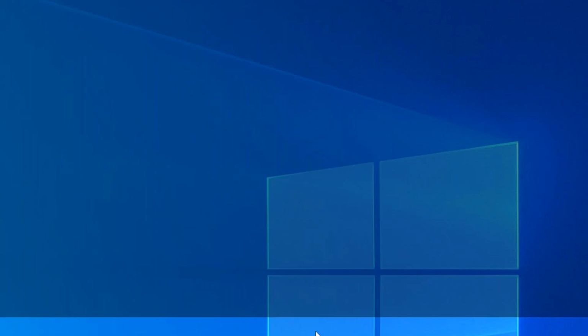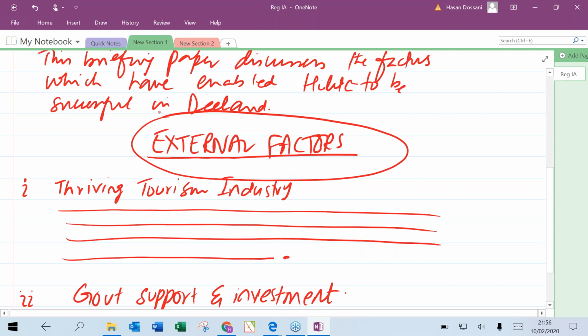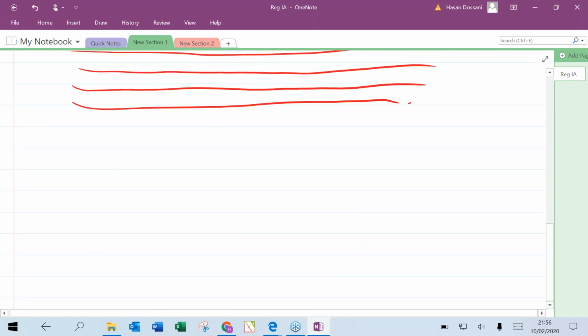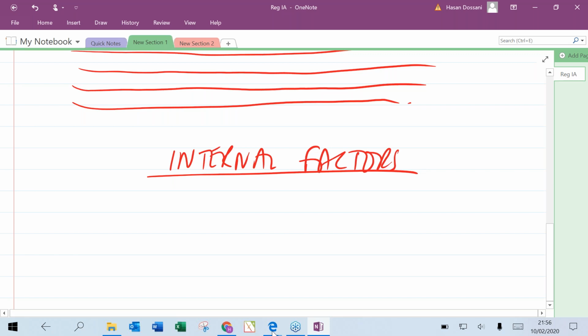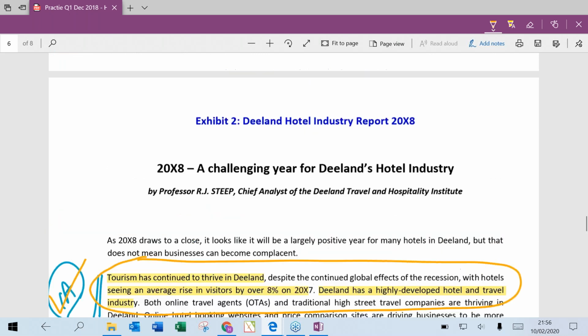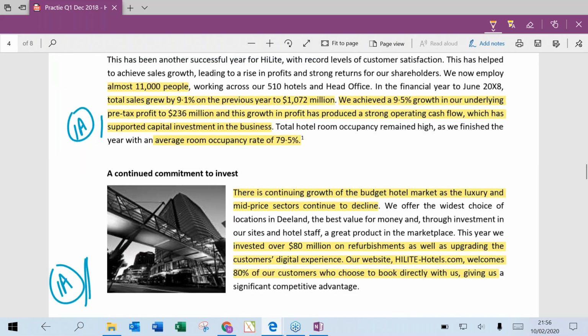So once we are done with the external factors, what's the next heading we will give? We will say internal factors. And I'm sure that exhibit one had a lot of information where the CEO was talking a lot about the good things.